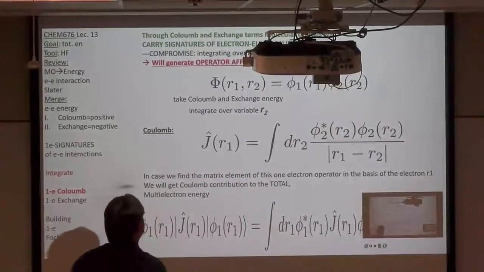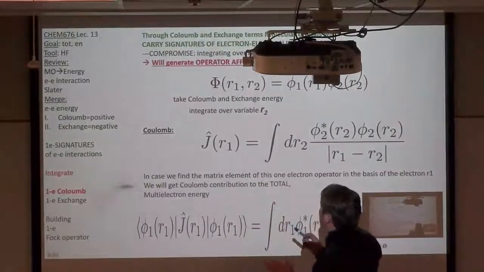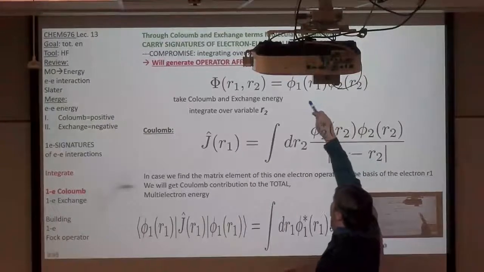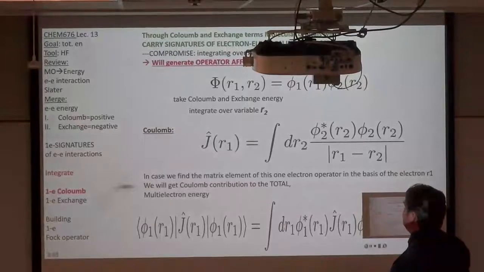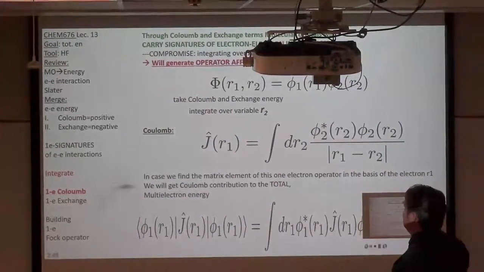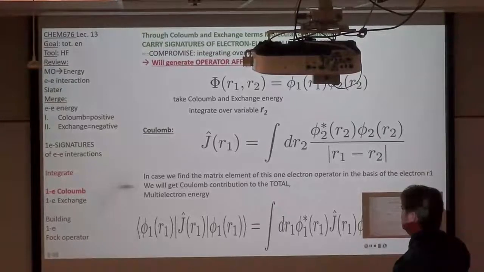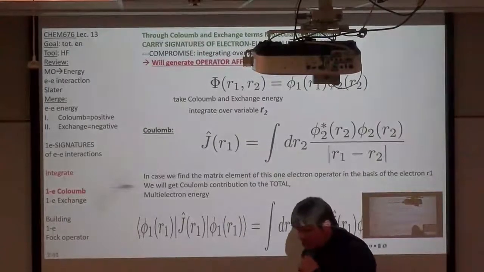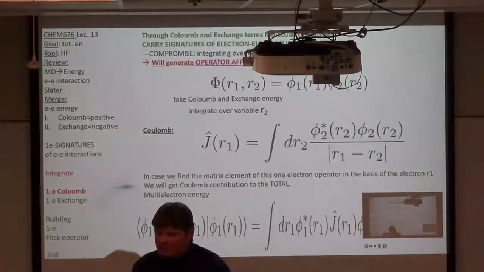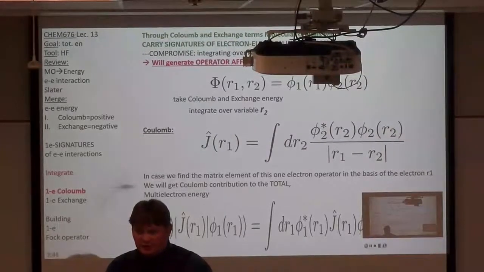So if our wave function is a product of two one-electron wave functions, we split the contraction, the integration over the first electron and the second electron, as two independent procedures.